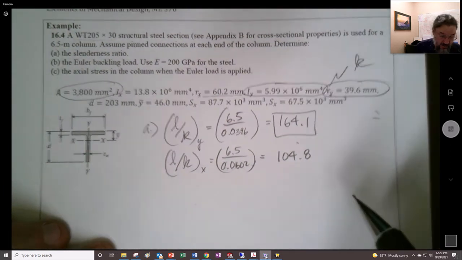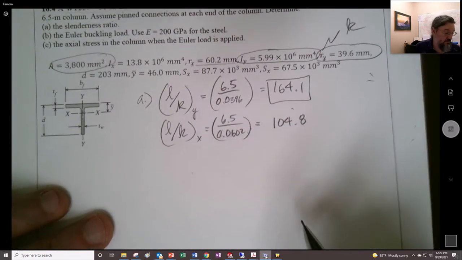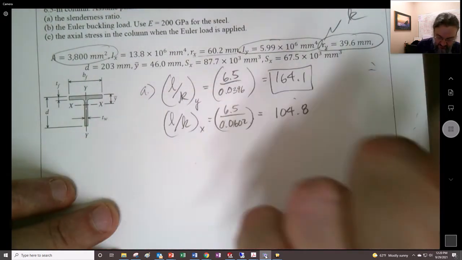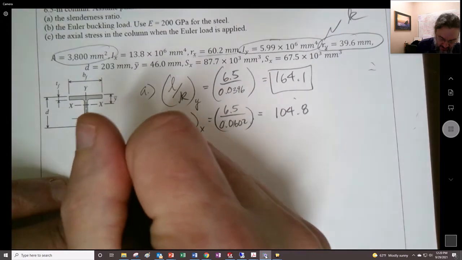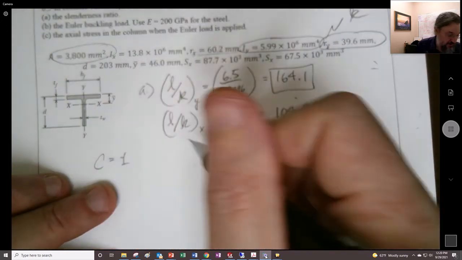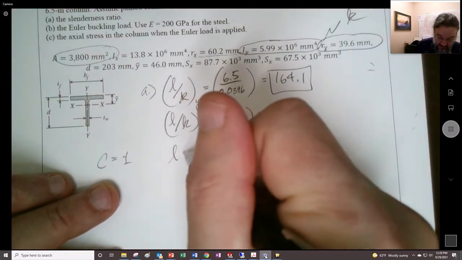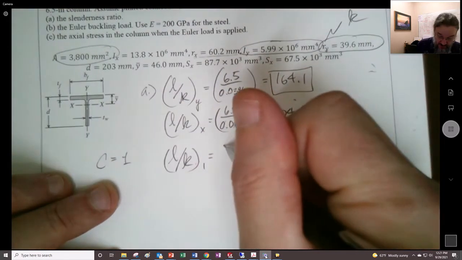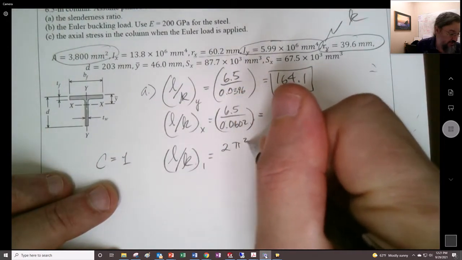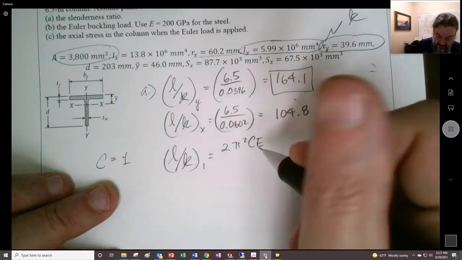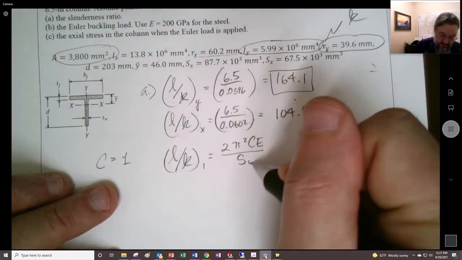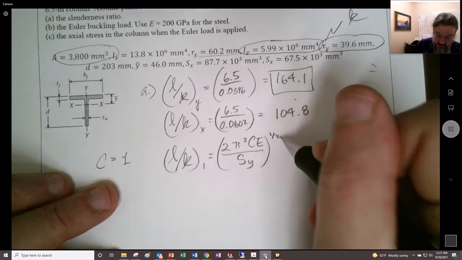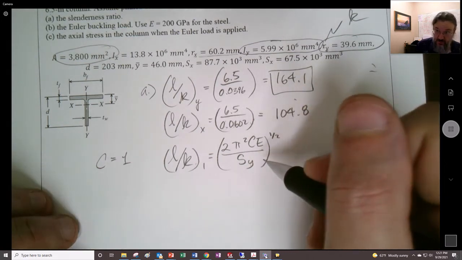So in this pin-pin condition, we won't do the effective length method. We'll use the C method. Pin-pin means C is going to be equal to 1. Therefore, I'm going to compare my L over K to the critical value, which is the square root of 2 pi squared C E over the yield strength. For this, I'm going to have to find a yield strength.